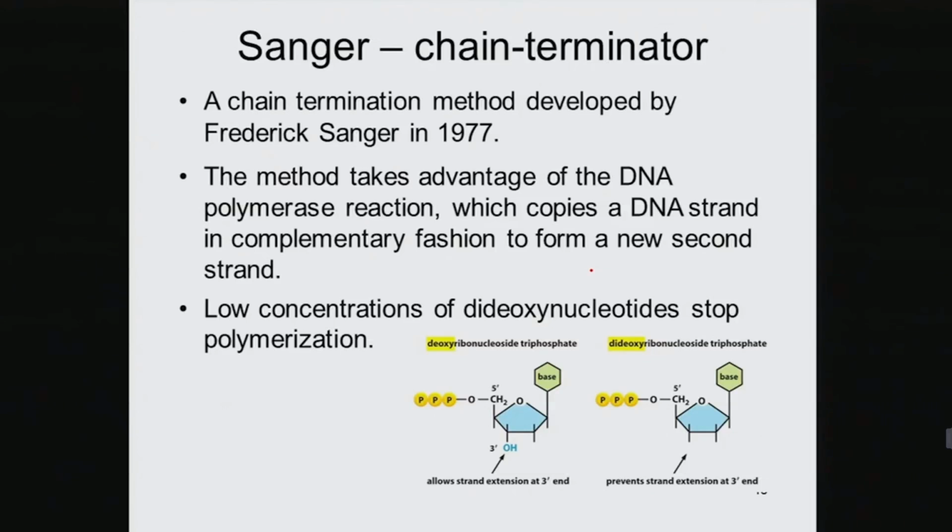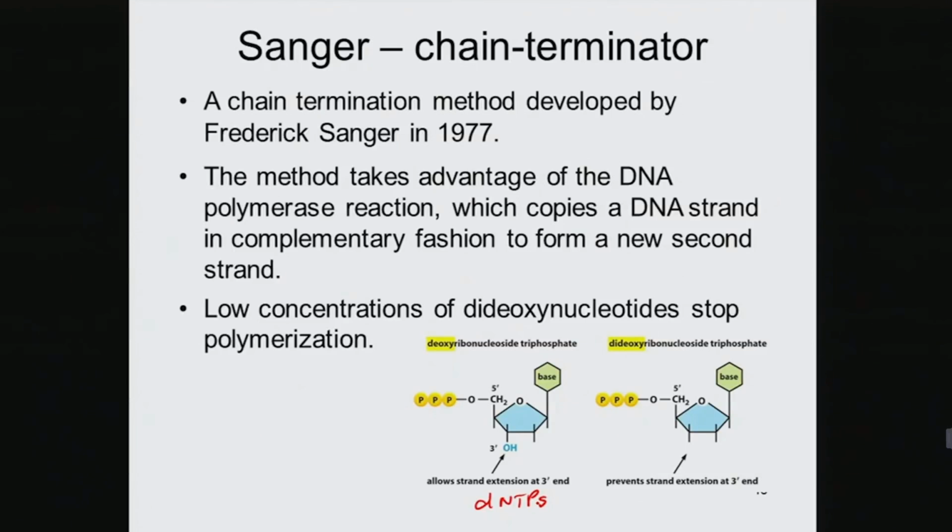So here's our deoxy-NTPs, what we normally would add into the reaction to carry out DNA synthesis, or dNTPs. Here's the dideoxynucleotide. What's the difference between the two? We're lacking that 3' hydroxyl. So dideoxy, 2 times, we're removing that hydroxyl group.